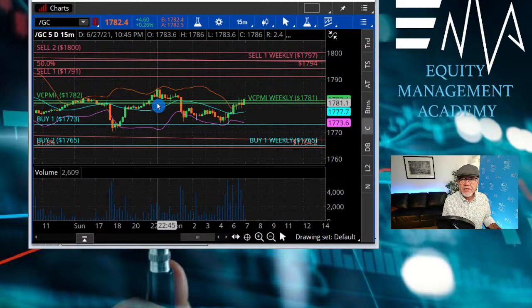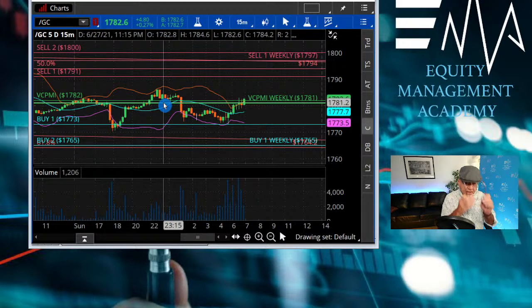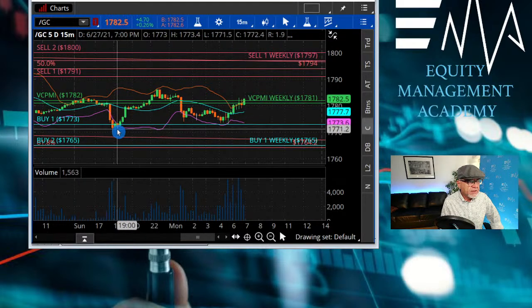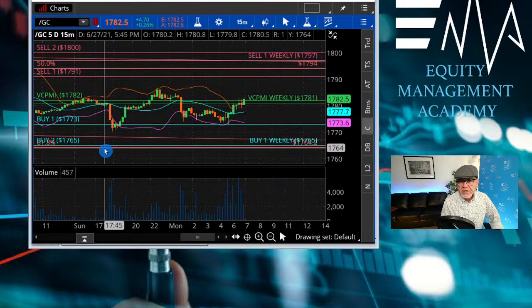And once we can extrapolate the average price, then we can calculate the extreme levels above or below that average price. And in this case, the extreme below the daily average price is 1773 to 1765. The algorithm identifies 2 levels above and 2 levels below that average price.